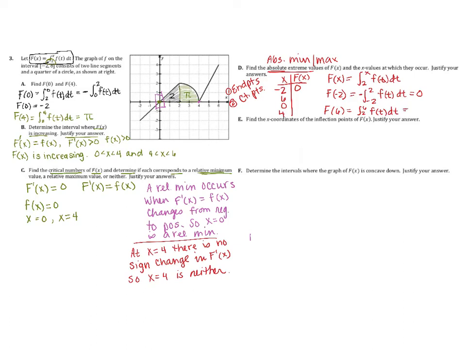So let's find that bounded region from 2 all the way to 6. It looks like that's going to be 4 plus pi. Okay, so 4 plus pi, and that looks like that's probably going to be the biggest. But let's just make sure.